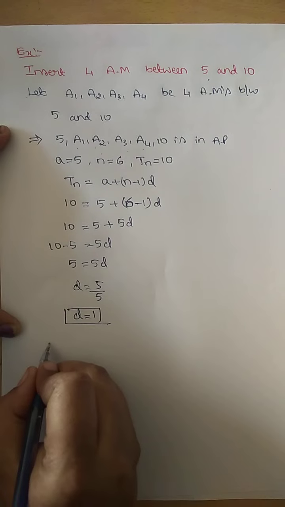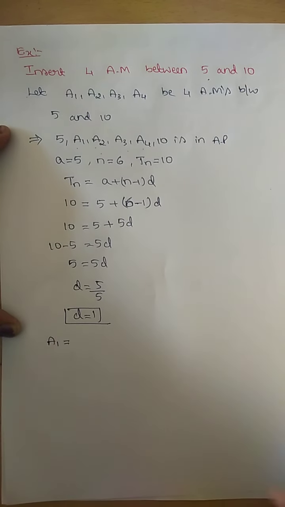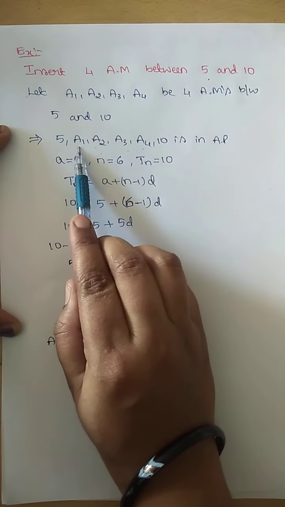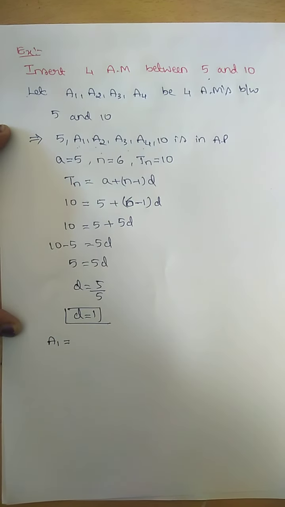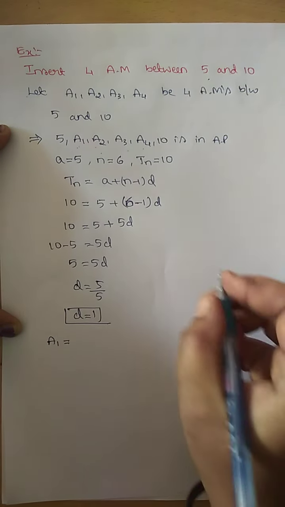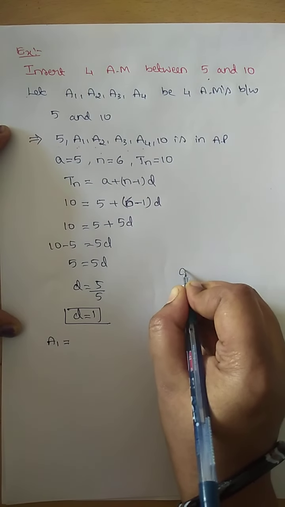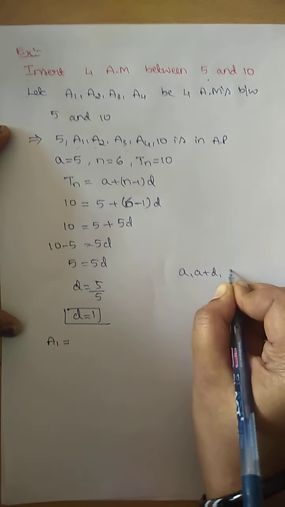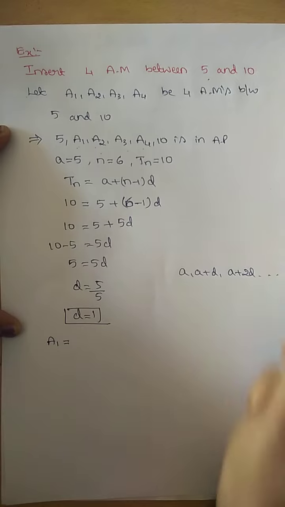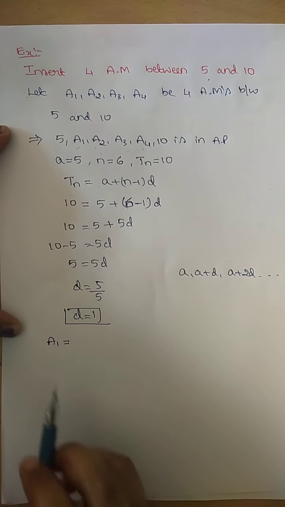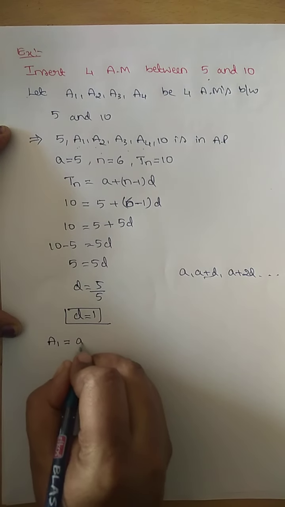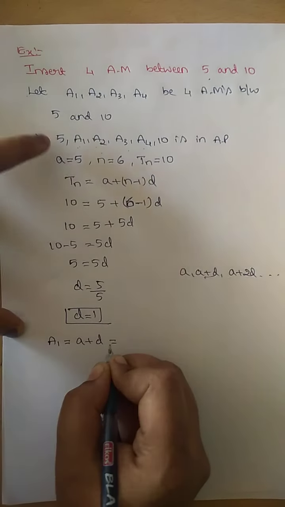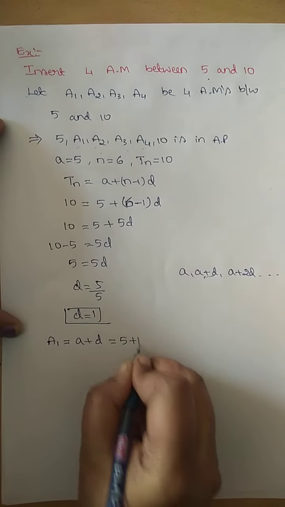Now, a1 means the second term of the sequence. 5 is the first term and a1 is the second term. The general form of an AP is a, a plus d, a plus 2d, so on, a plus (n minus 1) into d. The second term is a plus d, where a is 5 and d is 1.